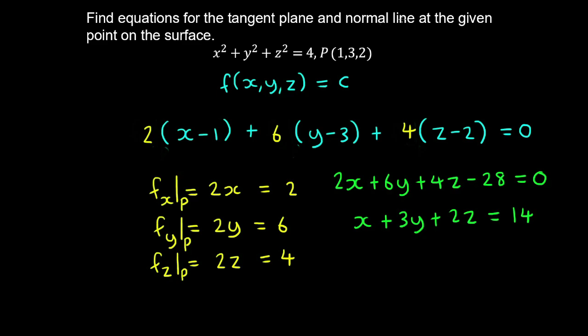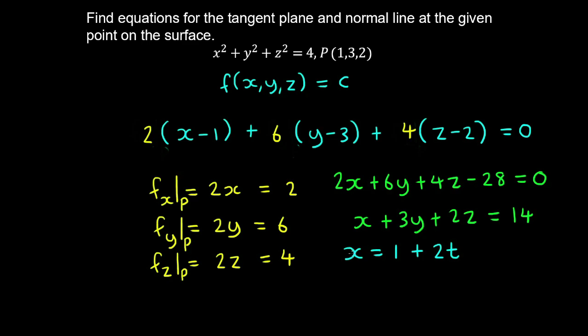And the normal line at the given point has an equation in the x direction being equal to the x coordinate of the base point, which is 1, plus the x component of the direction vector, which is the partial of f with respect to x, multiplied by the parameter t.